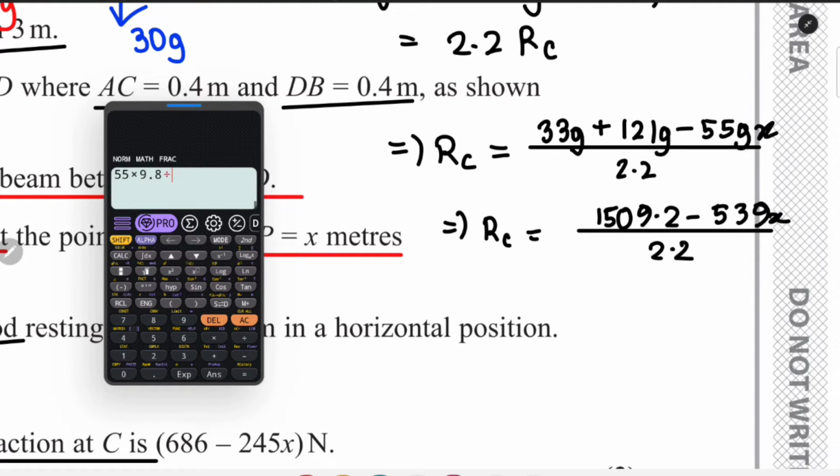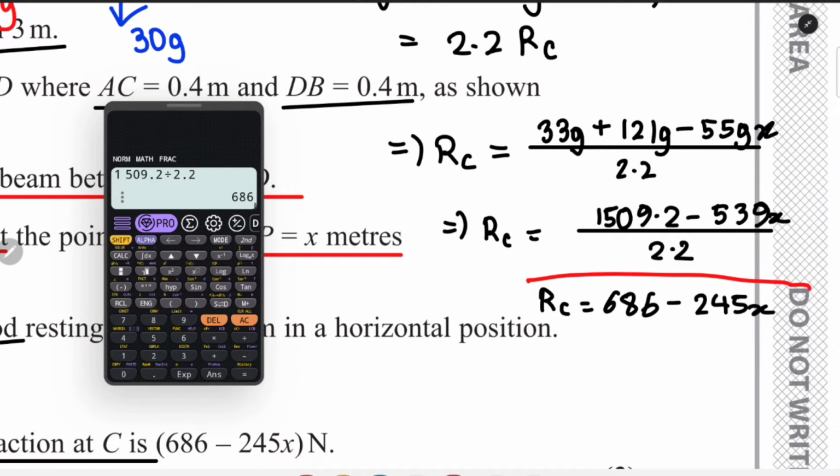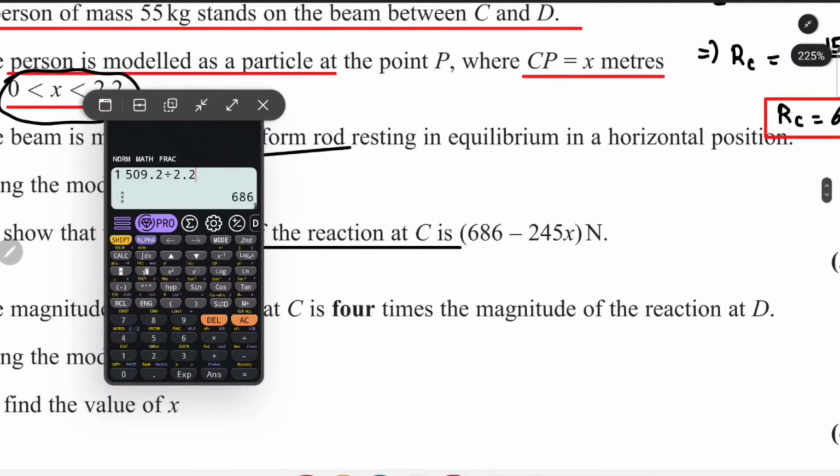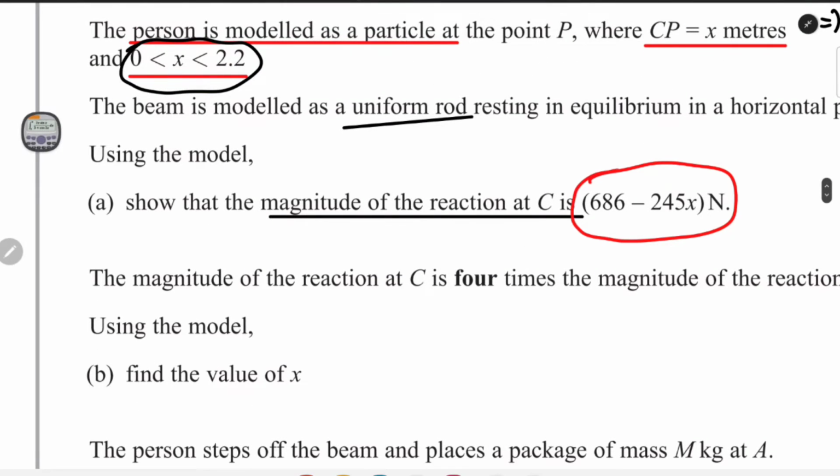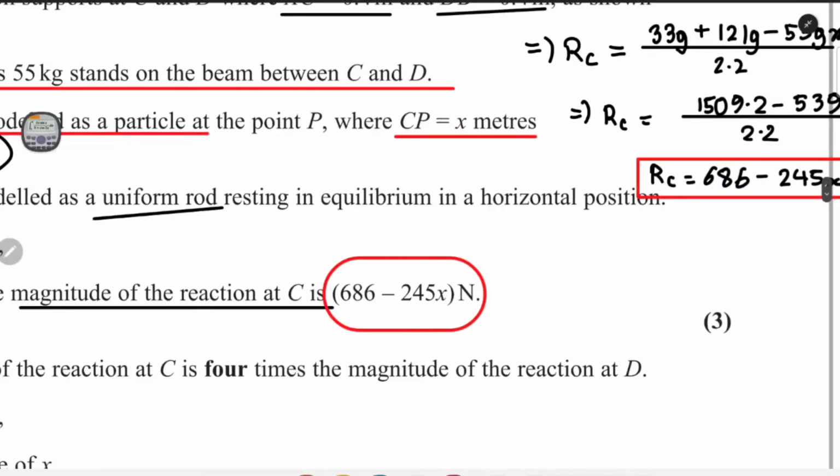So we'll divide both values by 2.2. So this is minus 245x, and 1509.2 divided by 2.2 will be 686. So the reaction at C is 686 minus 245x, which matches with what they wanted.